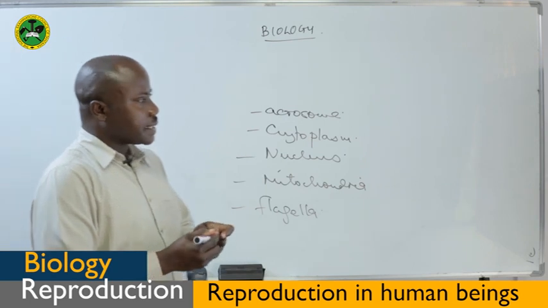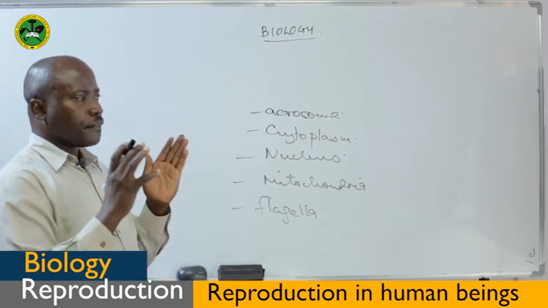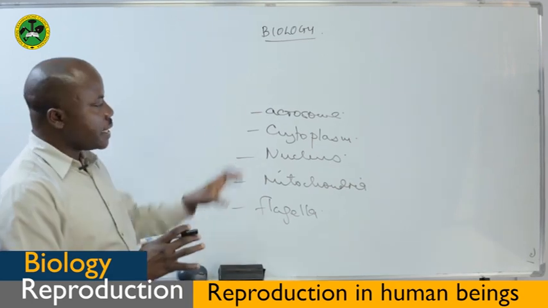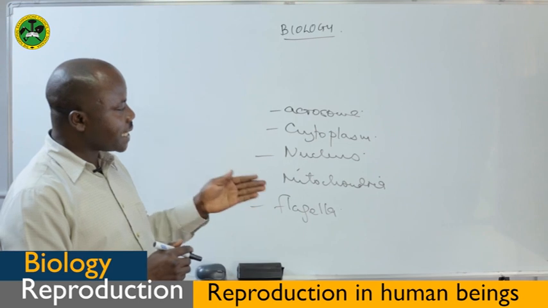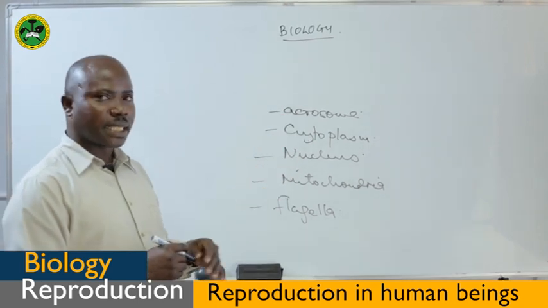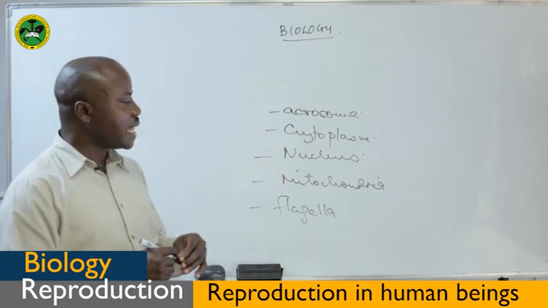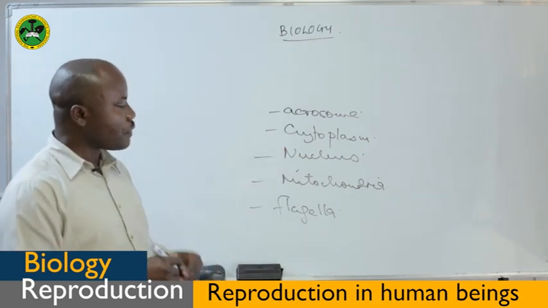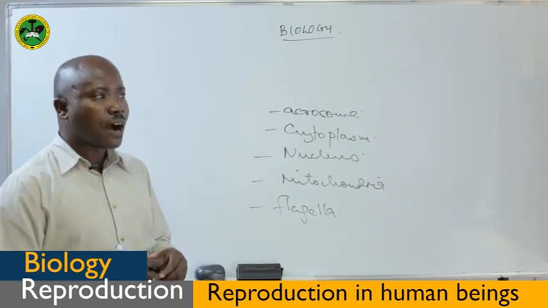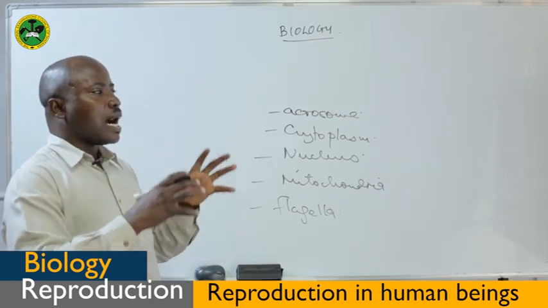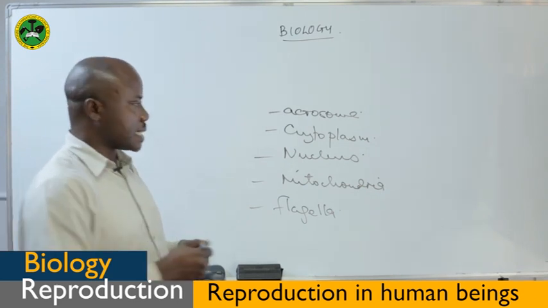It means in order for the spermatozoa to perform fertilization effectively, it needs to have these important features. Therefore, you will say what the acrosome is there for, what the cytoplasm is there for, what the nucleus is there for, what the mitochondria is there for, what the flagella is there for. And that way you will have explained how the sperm is modified for effective fertilization.